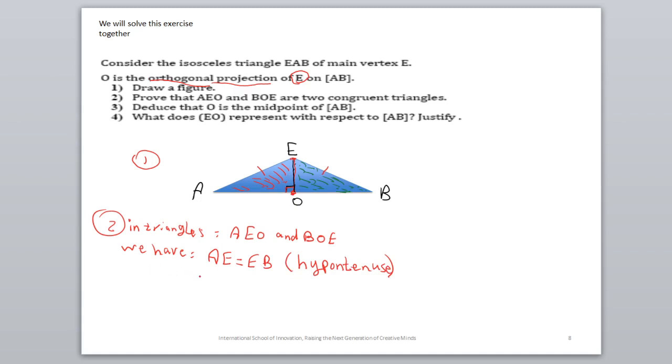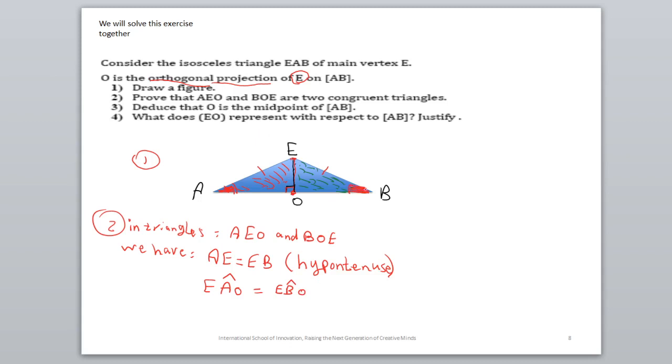Also, what do we have? We already have that this triangle is isosceles of vertex E. Since EAB is an isosceles triangle of vertex E, then we have the angle EAO, which is this angle, equal to angle EBO, equal to this angle. Why is this angle equal to this angle?